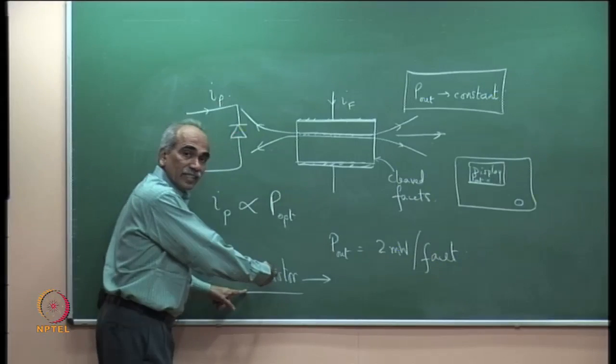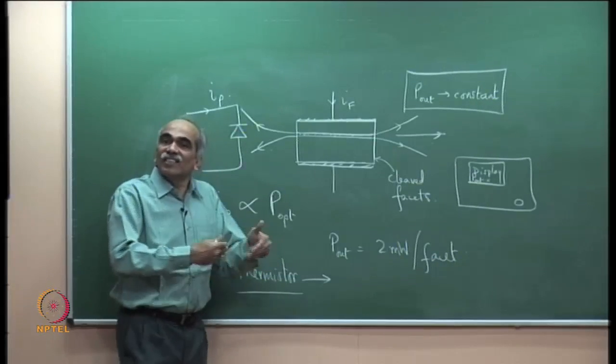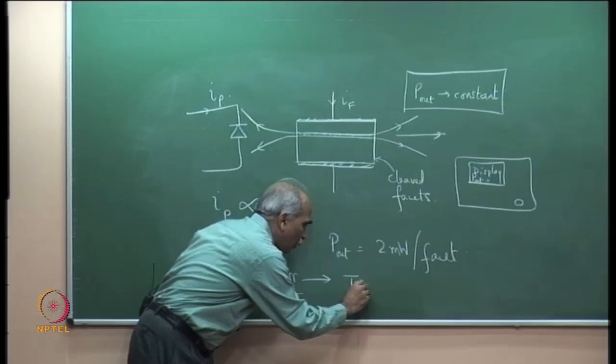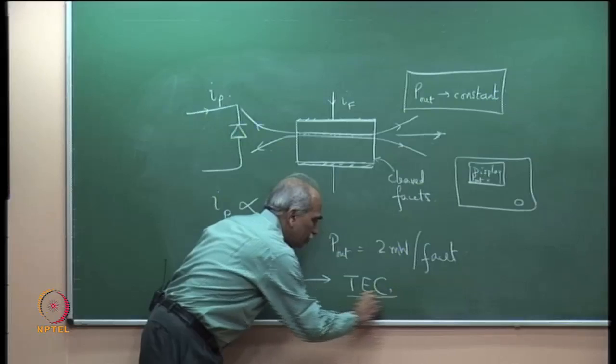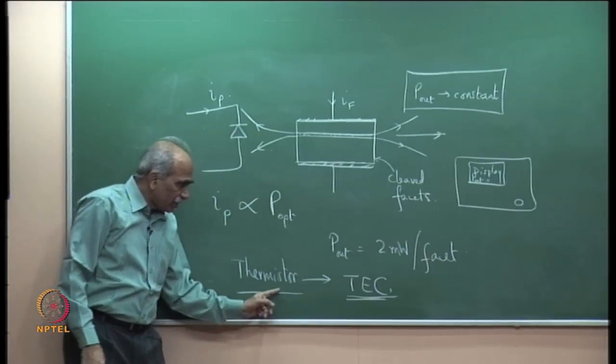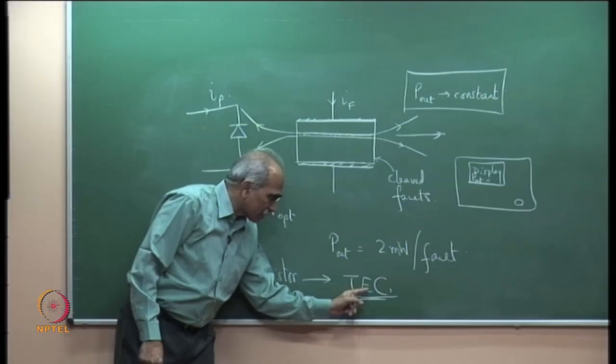The change in resistance can be used as a difference signal again to the thermoelectric cooler, TEC. The change in resistance of the thermistor can be used to power the thermoelectric cooler.